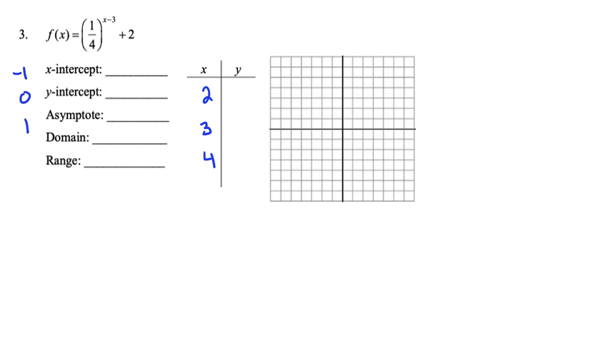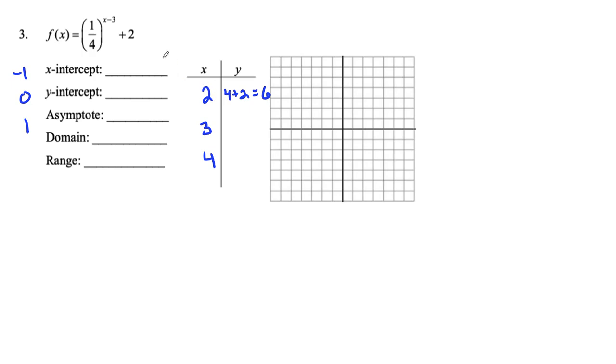So now let's go ahead and plug those in. If I plug 2 in for x, I get 1/4 to the negative first power, right? Well, remember a negative exponent takes a normal whole number and makes it a fraction. In this case, we already have a fraction, so it's going to flip it over. And so we simply end up with 4 plus 2 as we evaluate that, which is going to give us 6, okay?